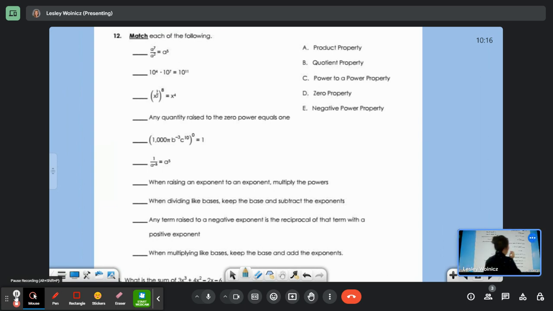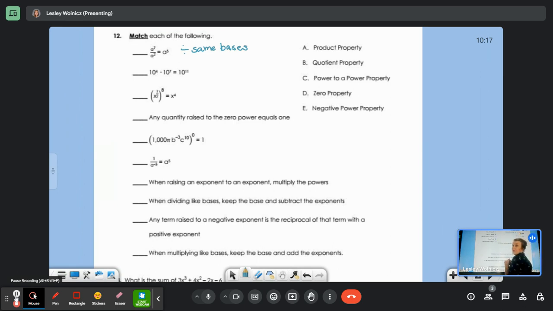All right, look at this one right here. Do you see how I'm dividing same bases? So when I divide same bases, what does it look like is happening to my powers? I've got a 7 and a 2 and then a 5.